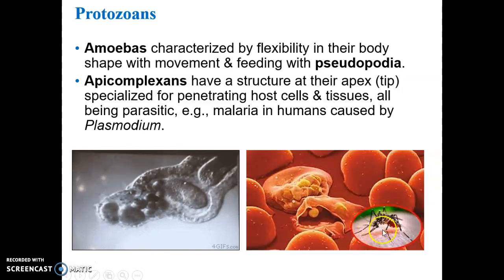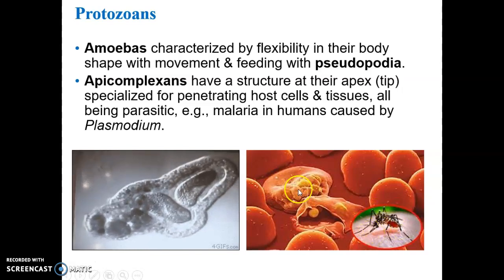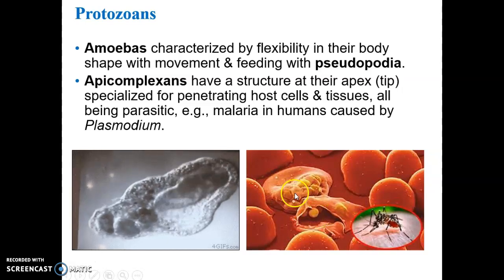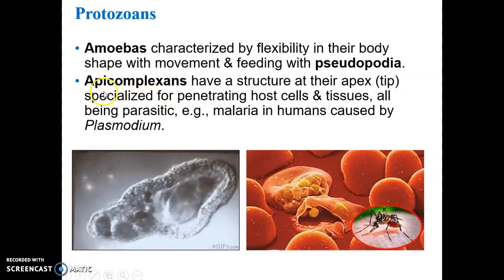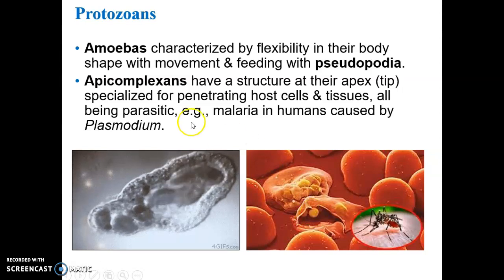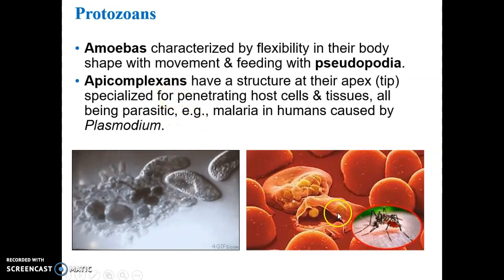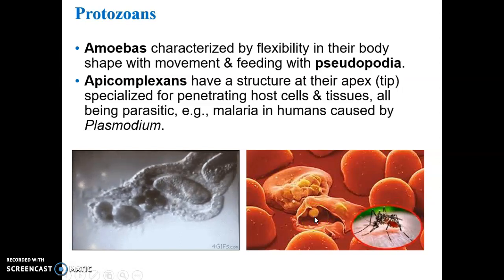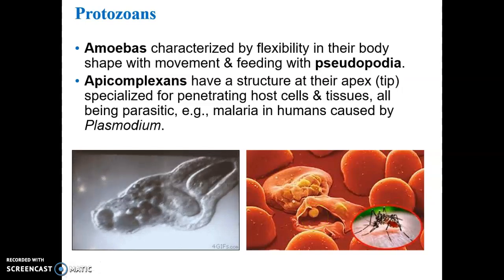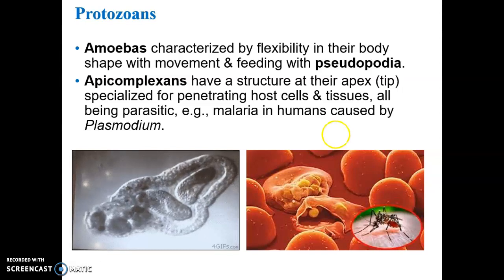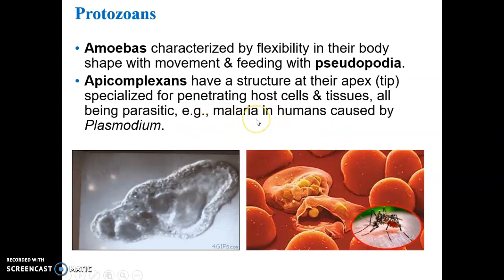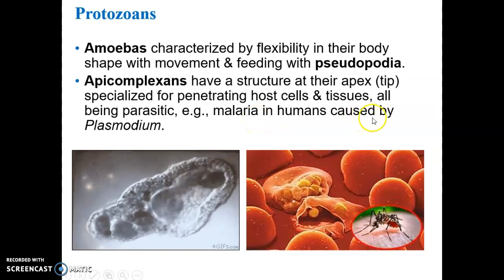The mosquito bites you, takes a blood meal, but can transfer the Plasmodium protozoan into you, and the Plasmodium can enter into our red blood cells, causing malaria, which actually kills millions of people around the world. It's not really a problem in the United States, but in some of the tropical countries, malaria is a serious problem.